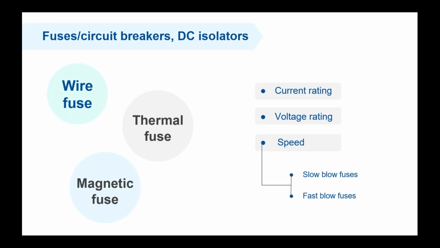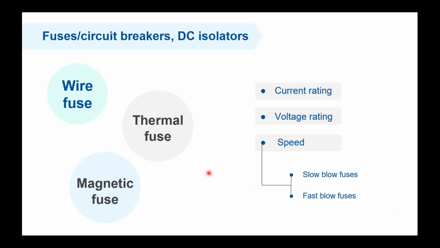So once the fuse has blown, it will need to be replaced by a new fuse to make the circuit operational again. This is much cheaper than replacing the charge controller in the system. So it's always good to have fuses in the system. And these fuses are one-time fuses, let's say, and once they have blown, they cannot be reset. You need to replace them.